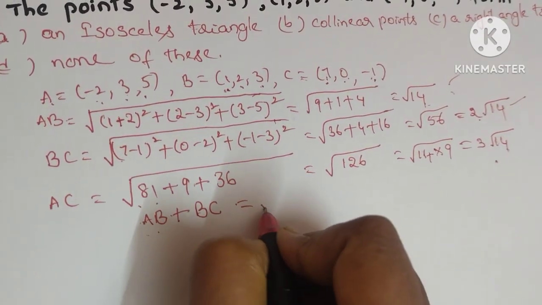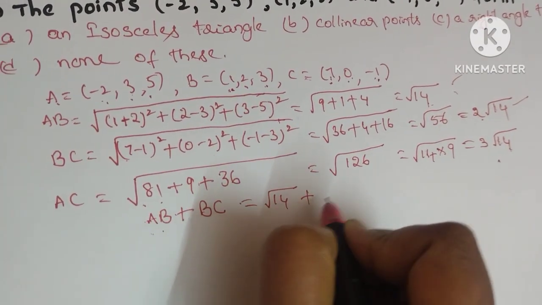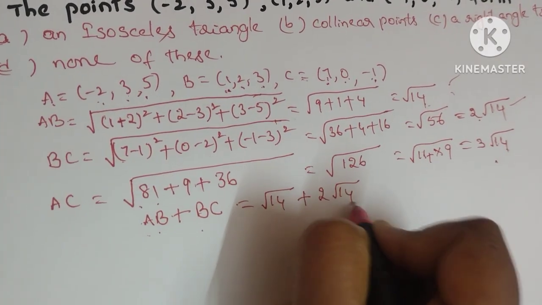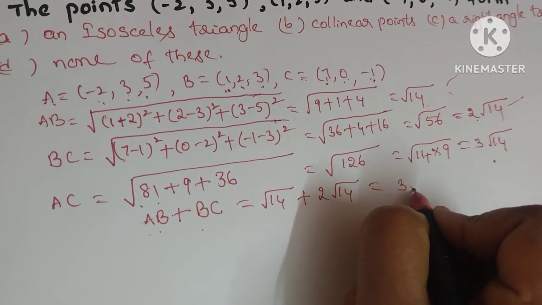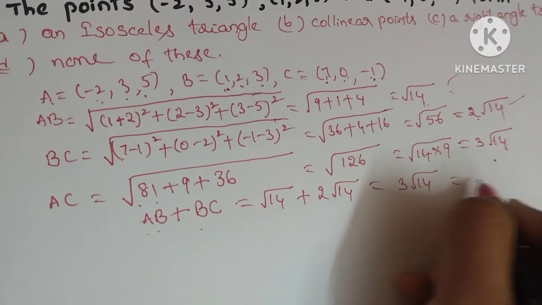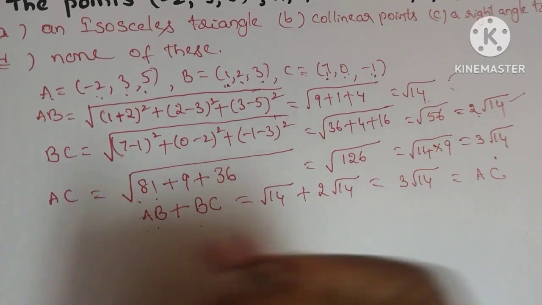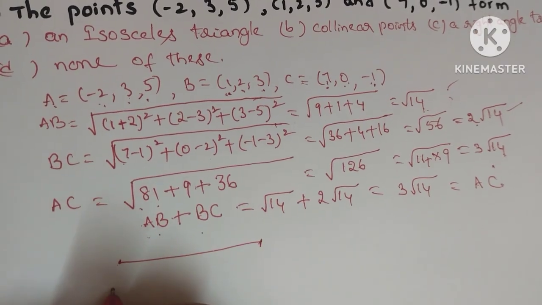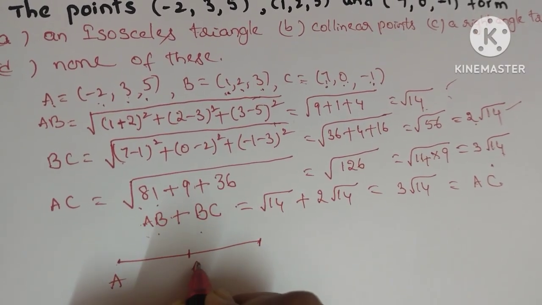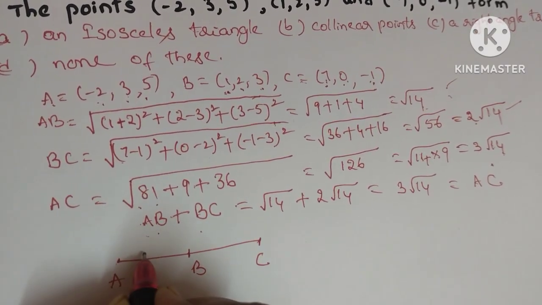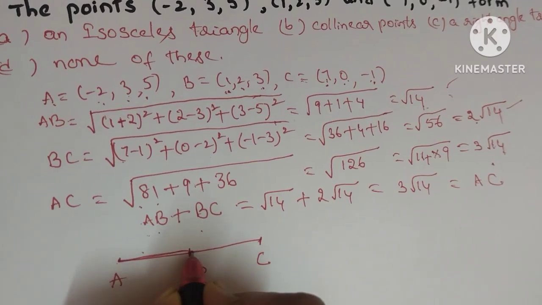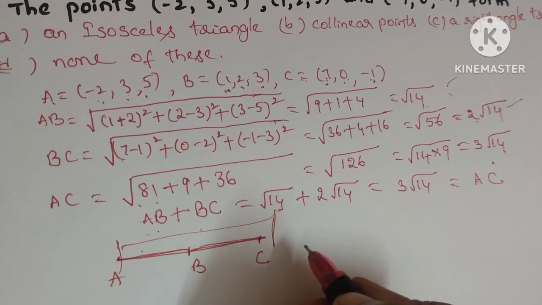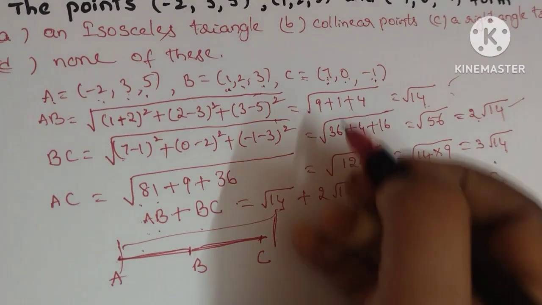AB is root 14 plus BC, 2 root 14, that is 3 root 14, that equals AC. So what is the condition for collinear? 3 points lie on the same line when AB plus BC is equal to AC. So the option is collinear points.